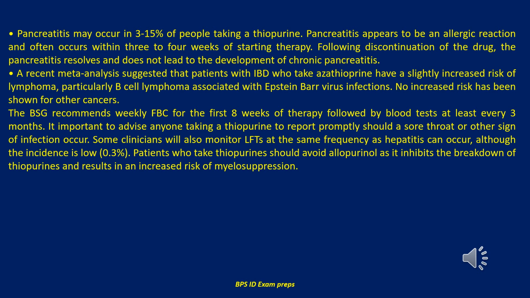Following discontinuation of the drug, the pancreatitis resolves and does not lead to the development of chronic pancreatitis. 3. A recent meta-analysis suggested that patients with inflammatory bowel disease who take azathioprine have a slightly increased risk of lymphoma, particularly B-cell lymphoma associated with Epstein-Barr virus infections.